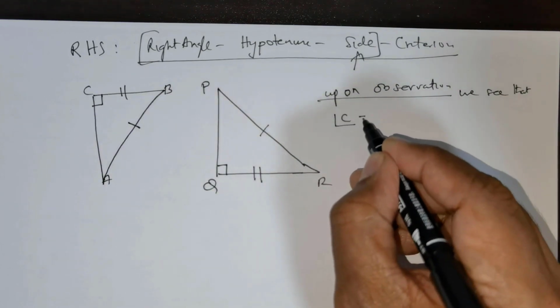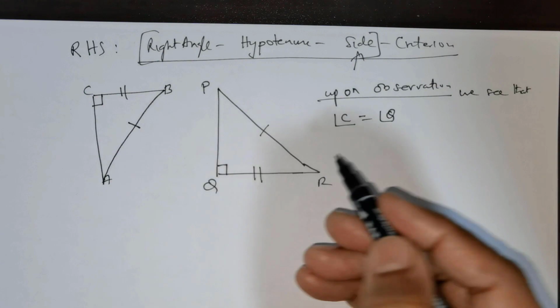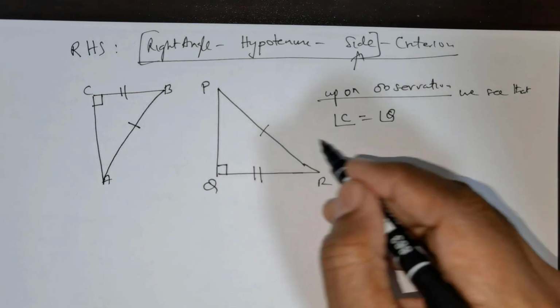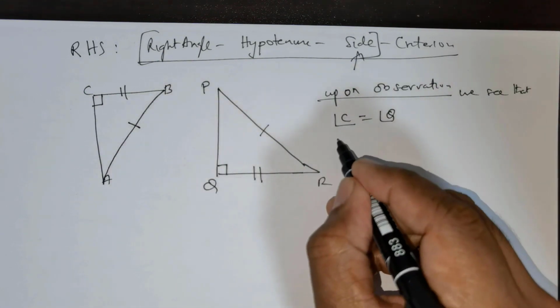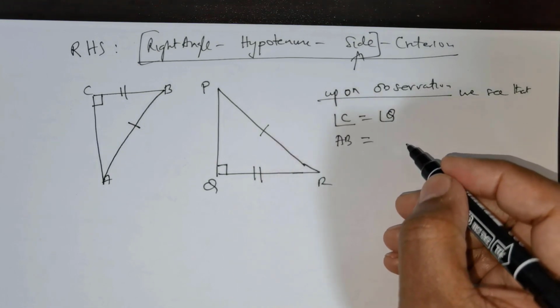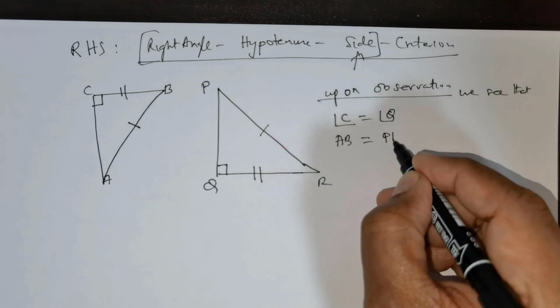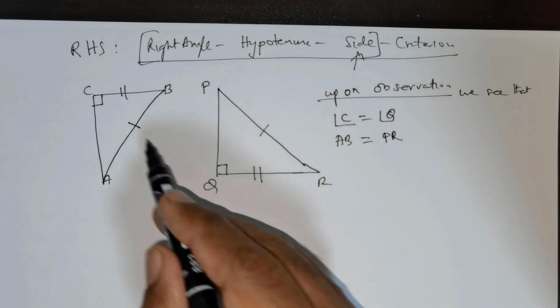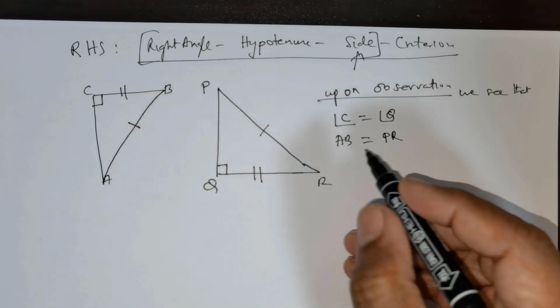angle at C is equal to angle at Q. It's a right angle, and the hypotenuse side AB is equal to PR, right? The hypotenuse sides are equal.